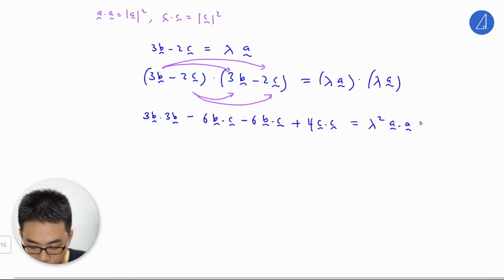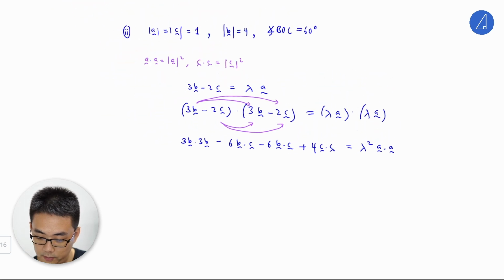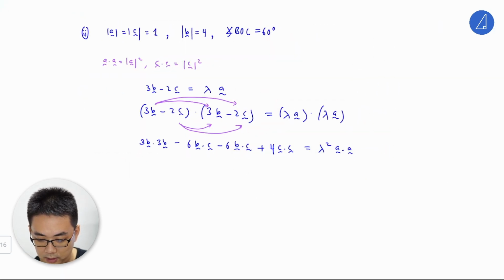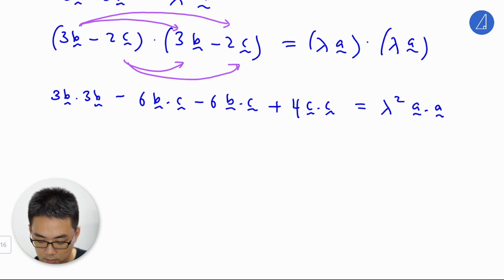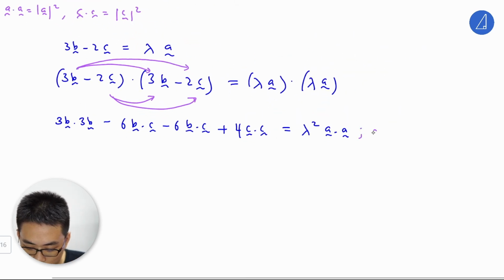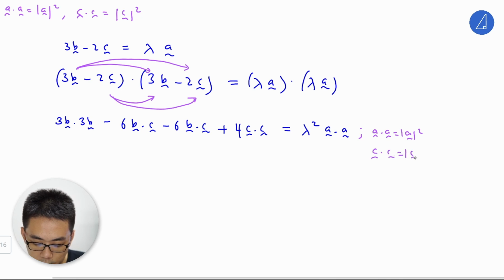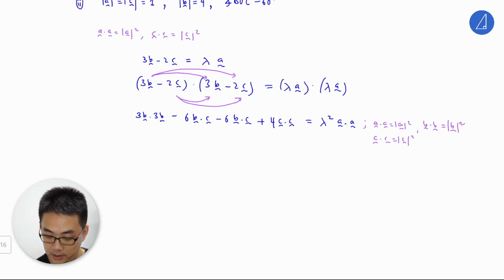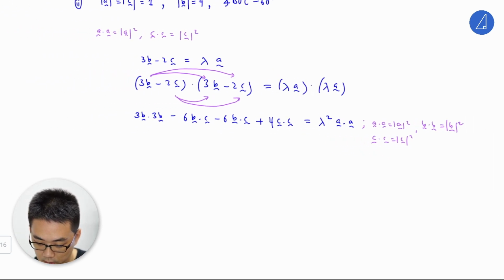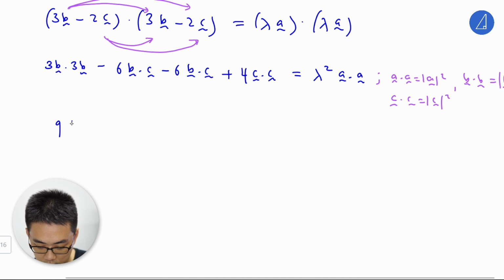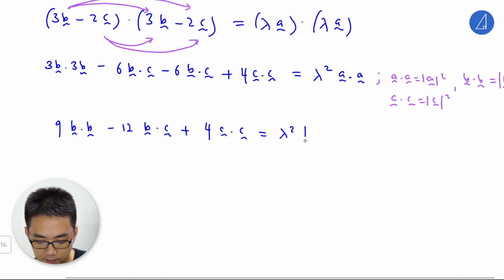So take note. A dot A is mod A squared. C dot C is mod C squared. B dot B is mod B squared. That's about it. Then I'm simplifying it now.